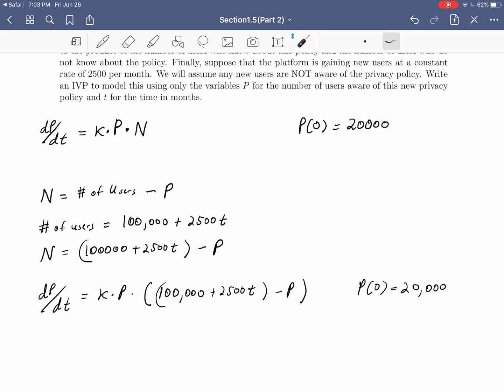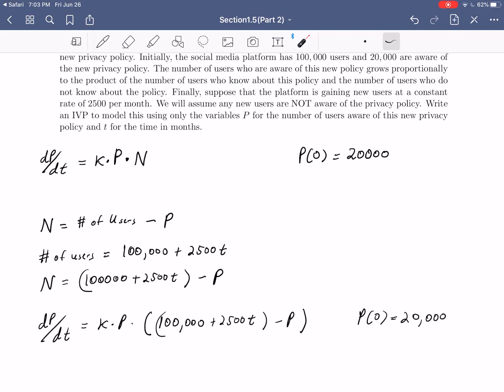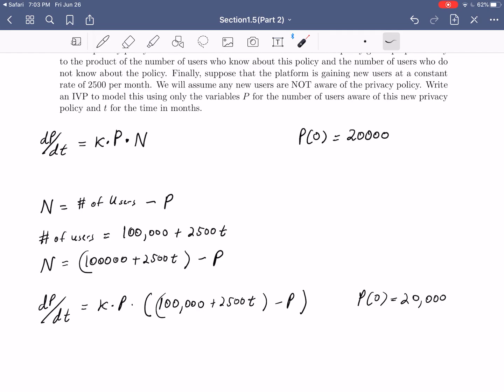You'll notice that we're not going to talk about equilibrium, not because we didn't ask that question, but because this isn't going to have easily findable equilibrium, since it depends not just on the number of people who know about this, but also on time. The fact that there's an instance of the independent variable here basically throws out the potential for equilibrium, for constant valued solutions.